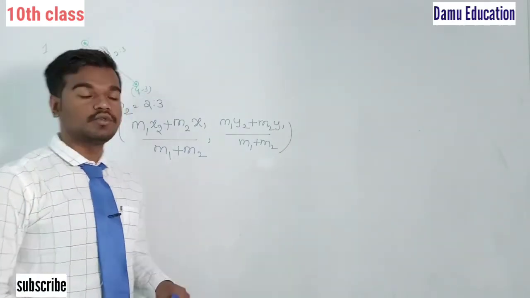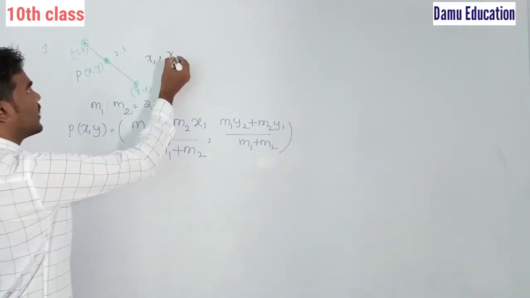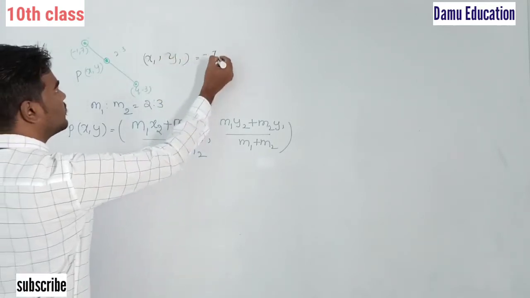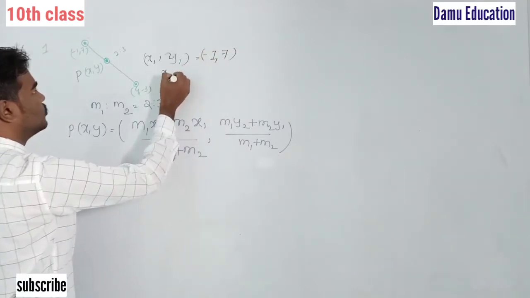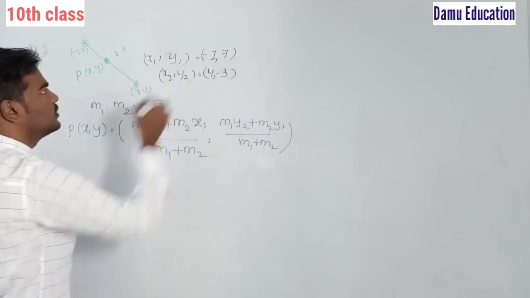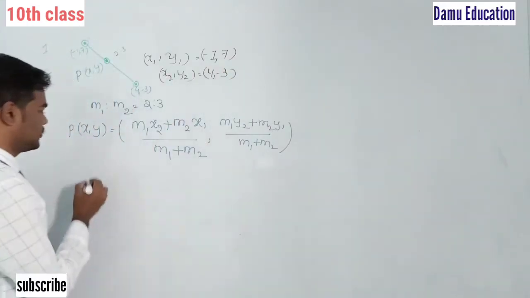Let's substitute. What is x1 and x2? Let's take x1 comma y1 equal to -1 comma 7, and x2 y2 is 4 comma -3. So these are the points. Let's substitute here.